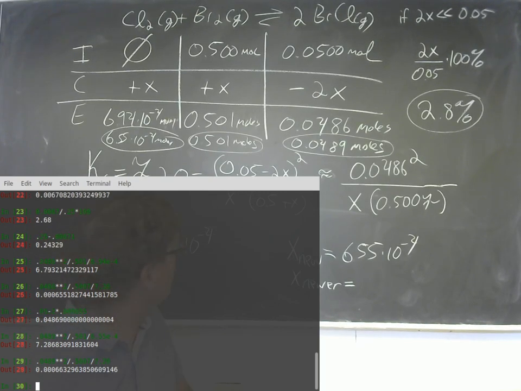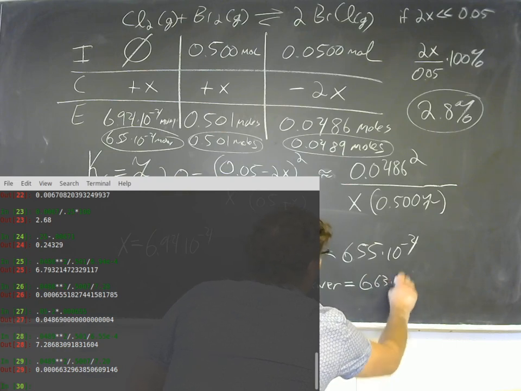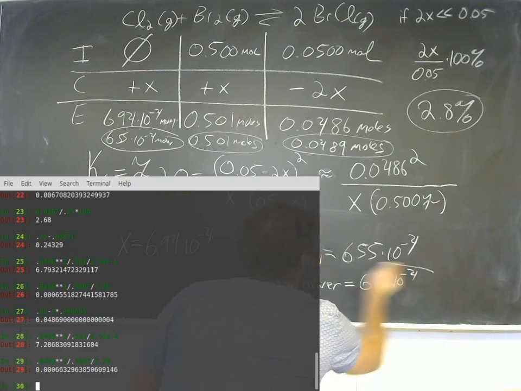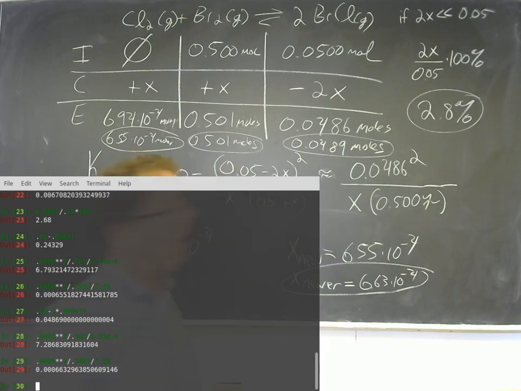Now we get an even newer value of x, 6.63 times 10 to the negative fourth. And I'm hopeful that this one will finally get us to satisfy the equilibrium expression.